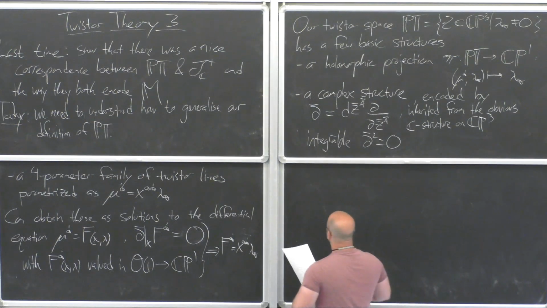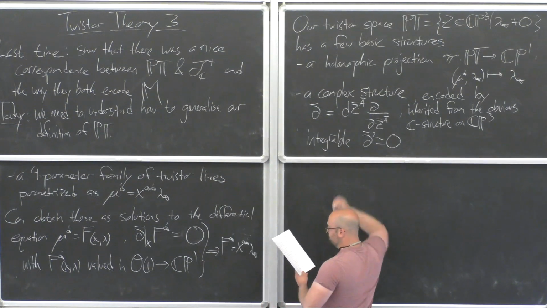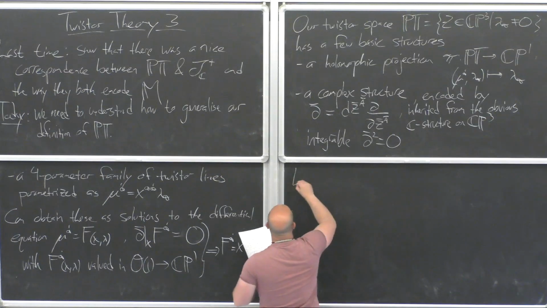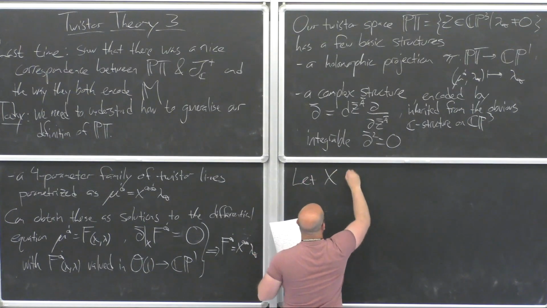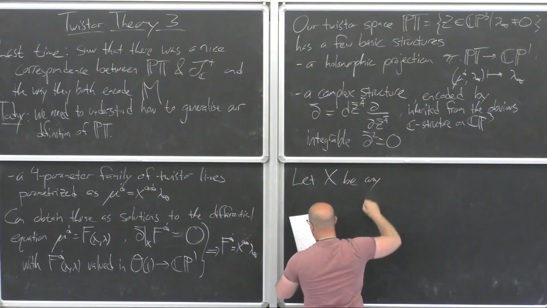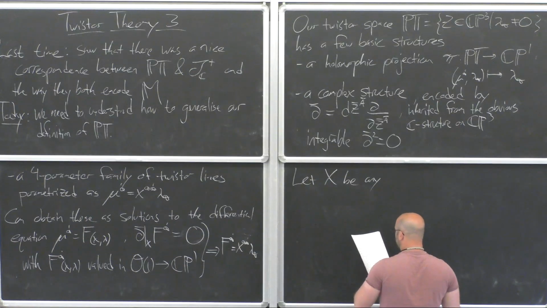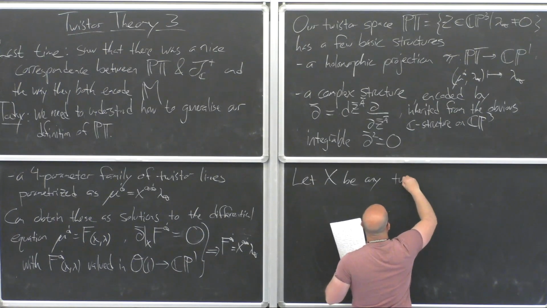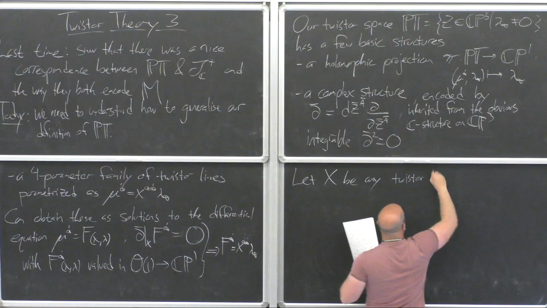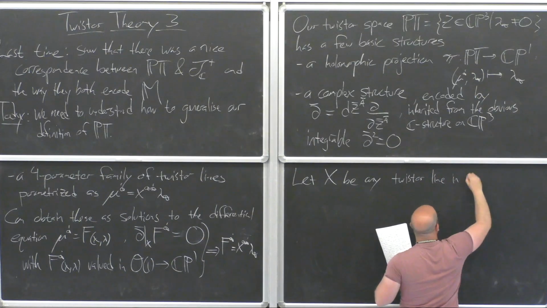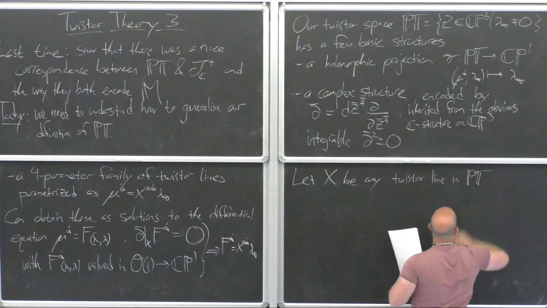So just a bit of terminology here. Let x be any twistor line in twistor space.